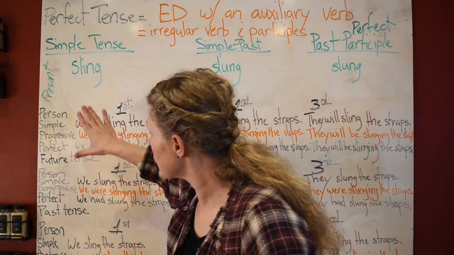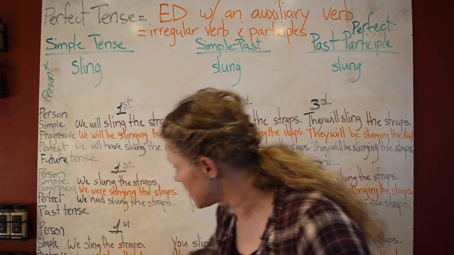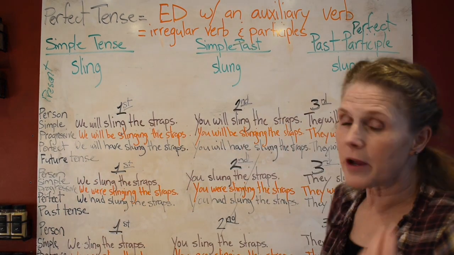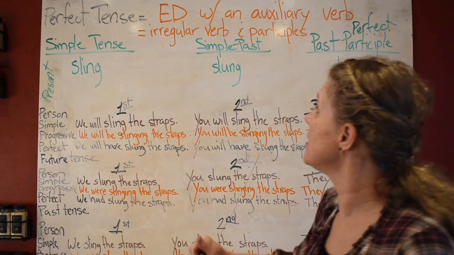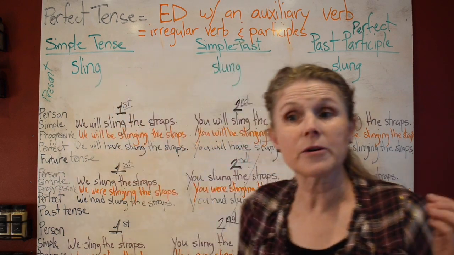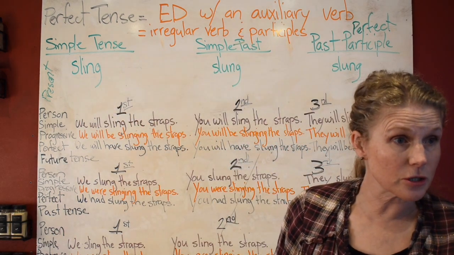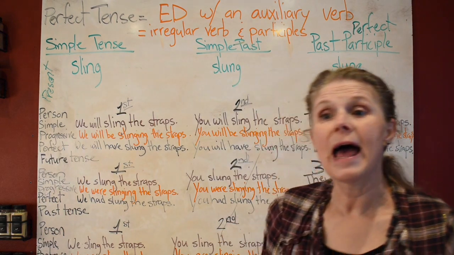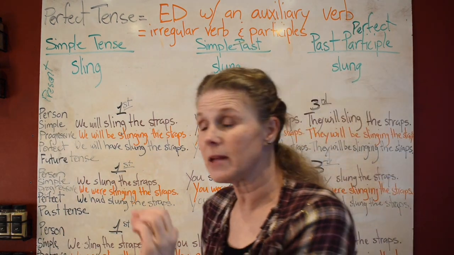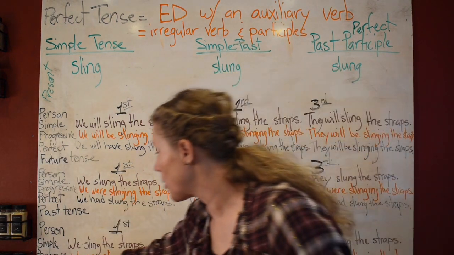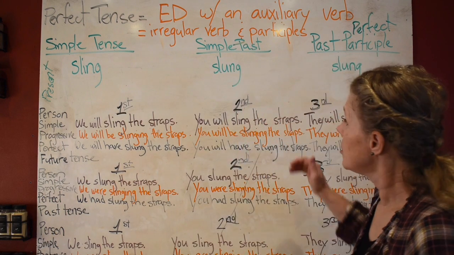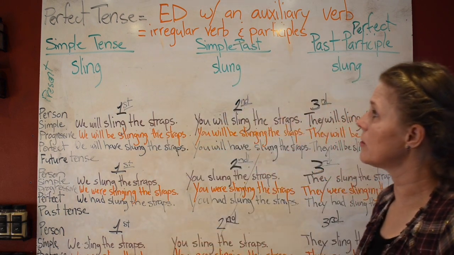And there are 3 different tenses in each tense. There is past, present, and future in the simple tense. There is past, present, and future in the progressive tense. And there is past, present, and future in the perfect tense. So you need to make sure that you're understanding those.